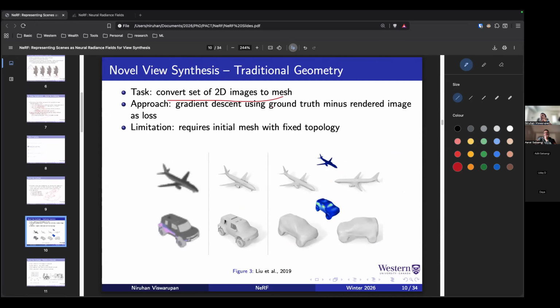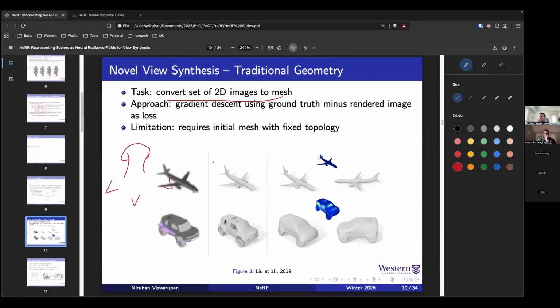Approach: gradient descent using ground truth minus rendered image as loss. You can take a mesh to represent some scene, then render it. Let's say you have a tree, and you have photos from these angles.